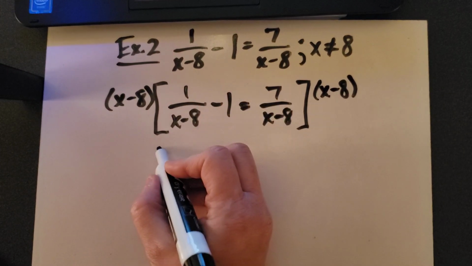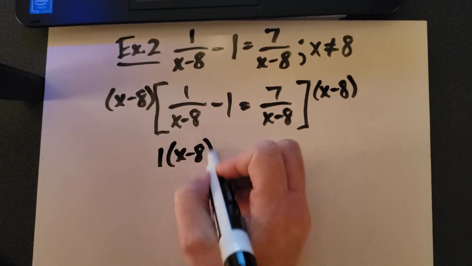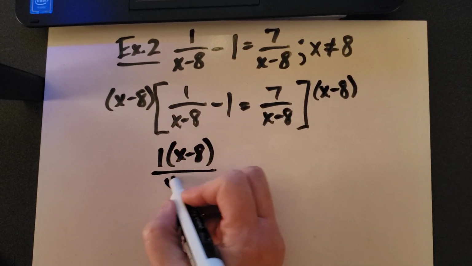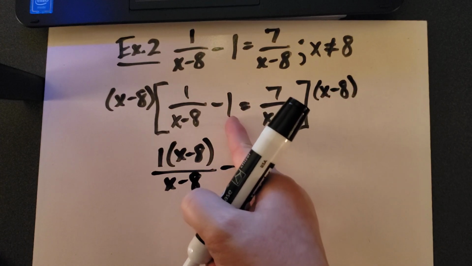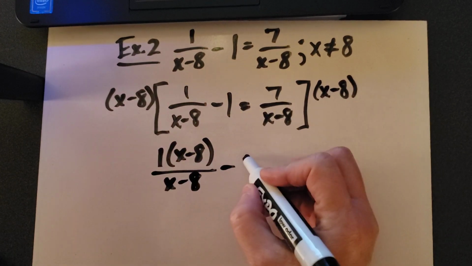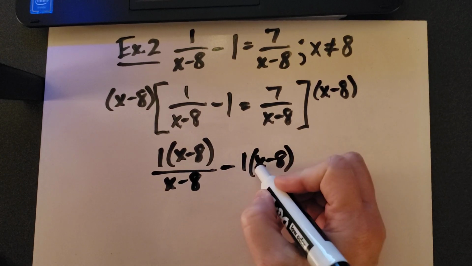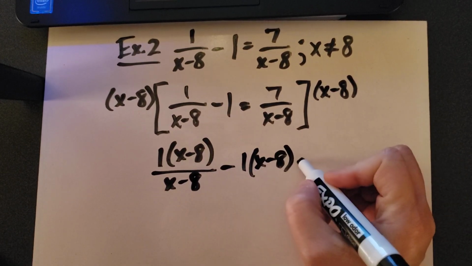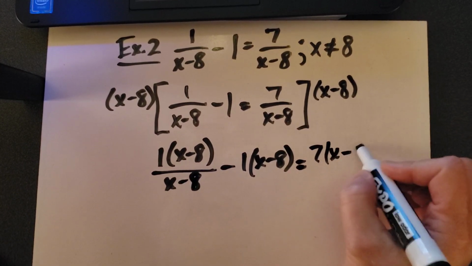All right. So now let's go ahead and finish out step 3. I'm going to take that numerator of 1, multiply it by our LCD of x minus 8 over the denominator of x minus 8, minus a 1 times an x minus 8. There is no denominator on that term, equals the 7 times the x minus 8.